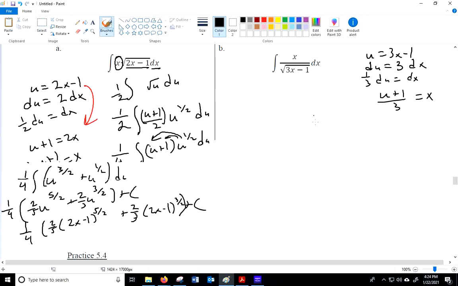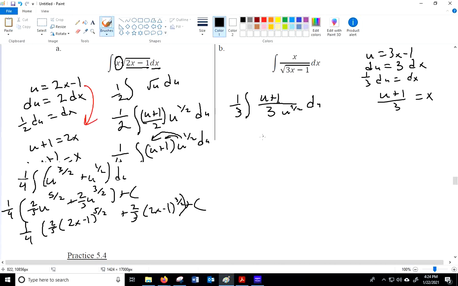Okay, so this becomes the integral of (u plus 1) all over 3. And then the square root of 3x minus 1 is u to the 1/2. I'll just go ahead and put that on the bottom with the 3. And then the dx became 1/3 du, so I'll make it 1/3 here.